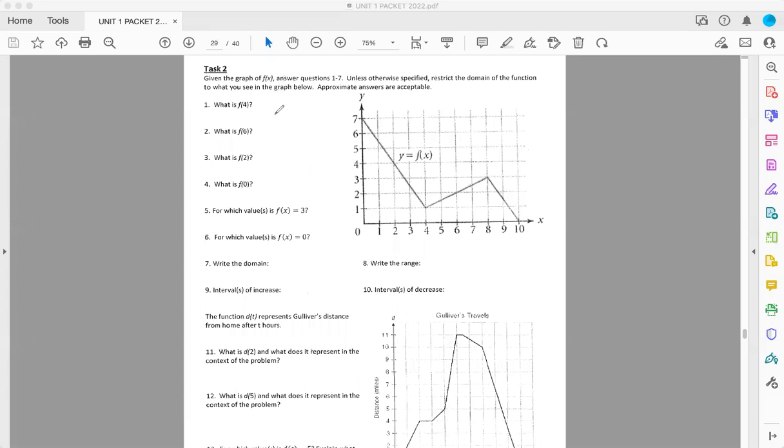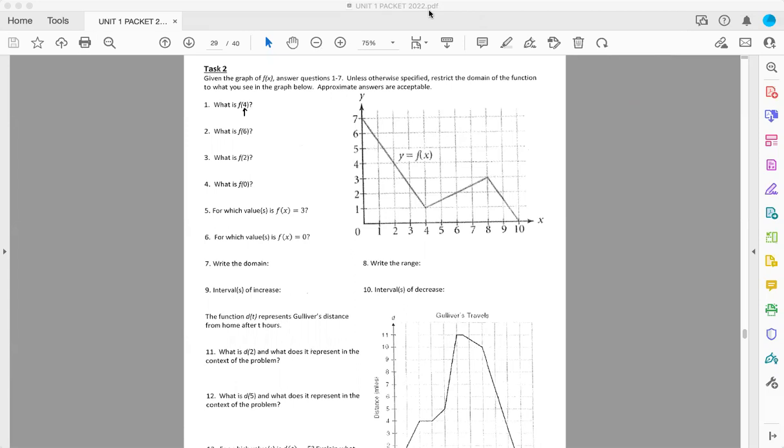Now, for those of you who are struggling with this, always ask yourself, what are they giving me? Are they giving me x and I'm finding y, or are they giving me y and I'm finding x? So in this case, remember this is f of x.